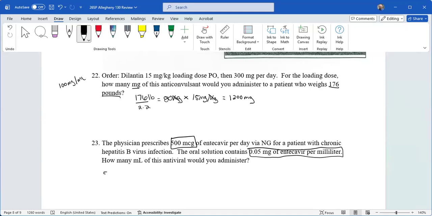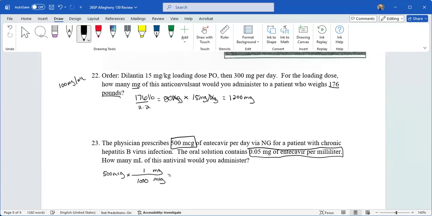This is good practice for your conversions, which you've already been practicing. You can just move your decimal point over, or if it's been a little while, you just remember your conversion between milligrams and micrograms. 1 milligram is equivalent to 1,000 micrograms.